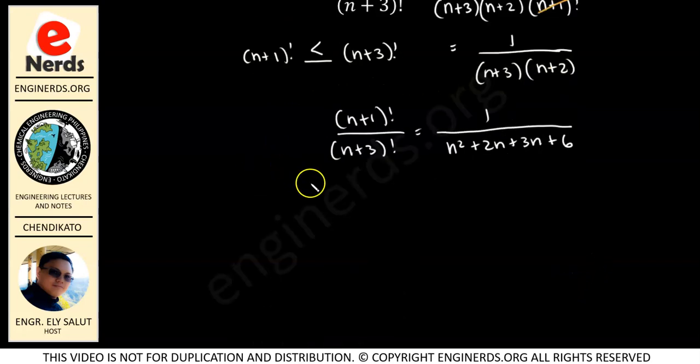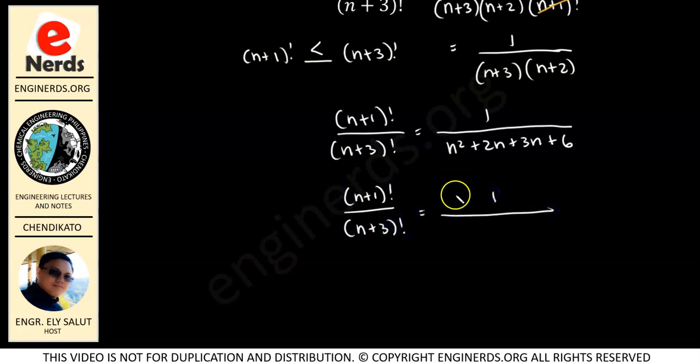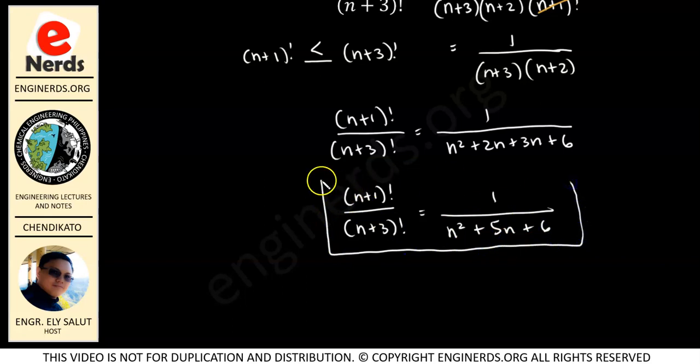So, this can also be written as n plus 1 factorial over n plus 3 factorial is equal to 1 over n squared plus 5n plus 6. And this is our final answer for this sample problem.